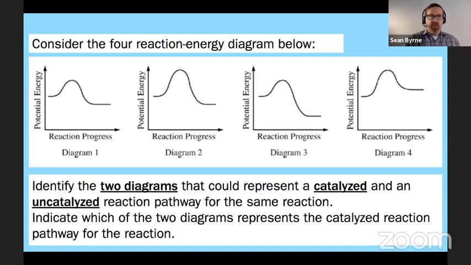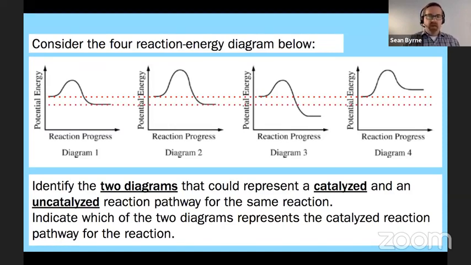And what I would do here would be to identify which reactions are starting and ending at the same place, because if they are starting and ending in the same place, then they could be a pair of reactions for the same reaction, right? So we're going to identify our delta H. It appears that for these 4 diagrams, they all start in the same place, but clearly only 2 end in the same place.